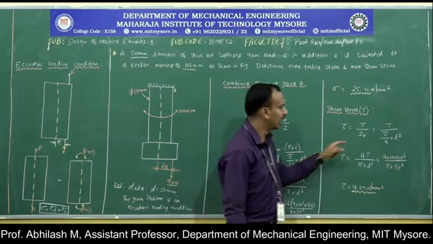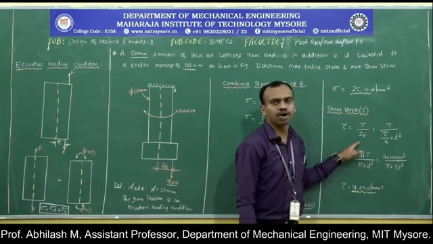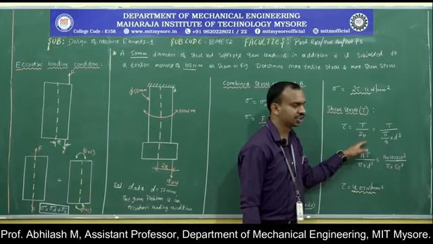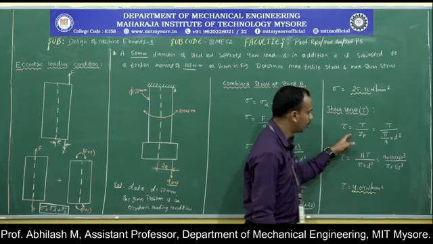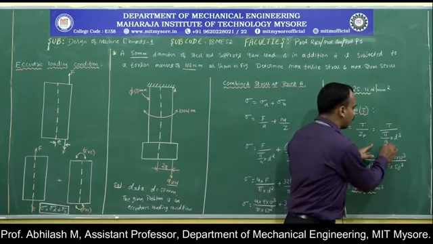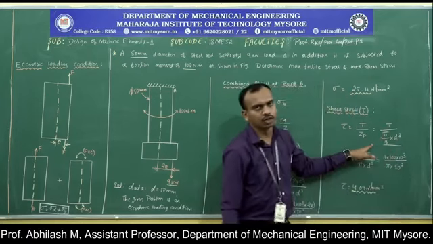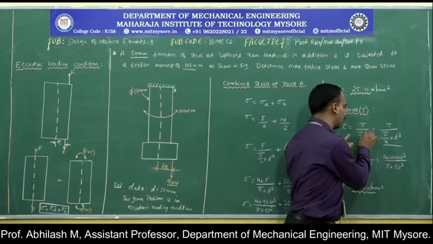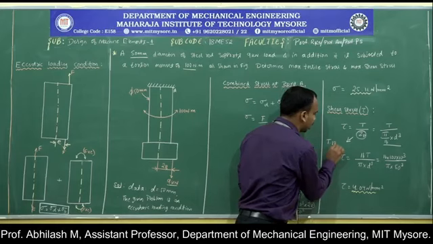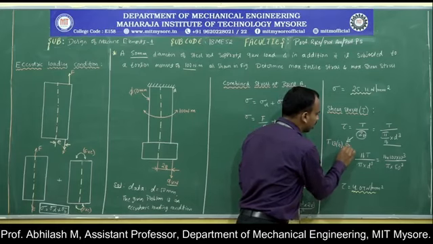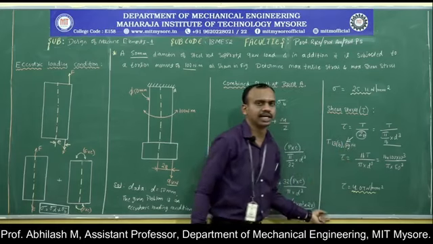There we get the relation for the different types of cross sections. Referring to that table, we obtain the Zp value to be pi by 16 into d cube. This value is obtained from table 1.3b, page number 14 in the design data handbook.